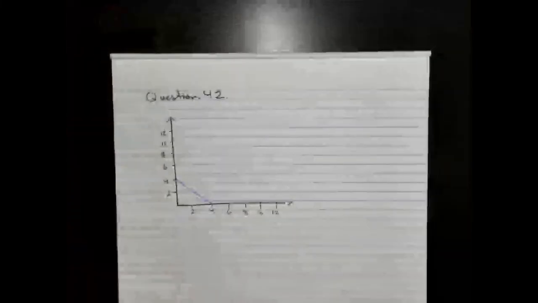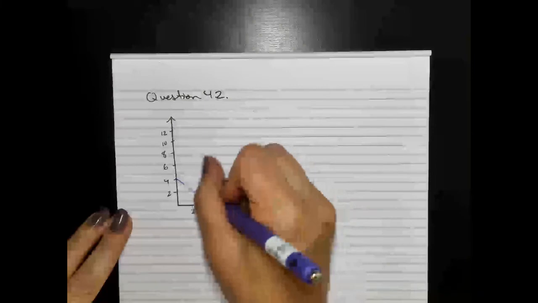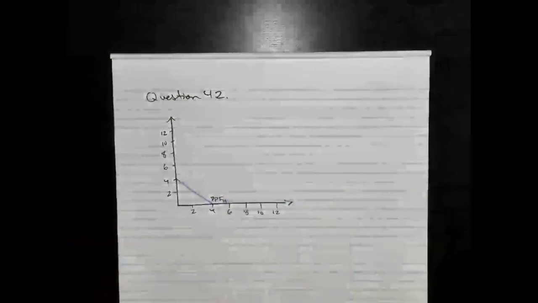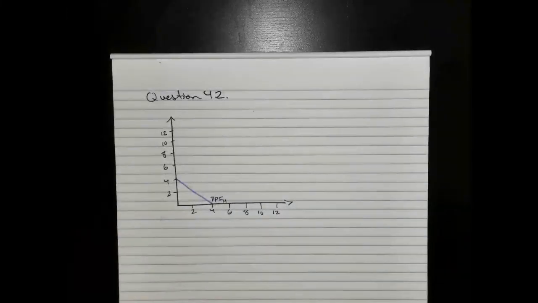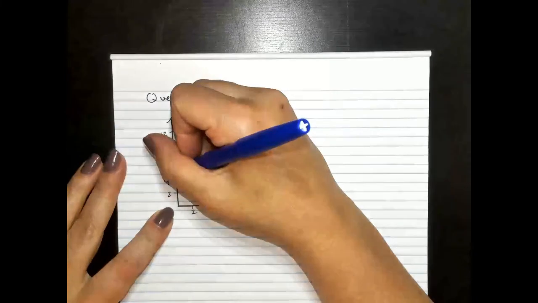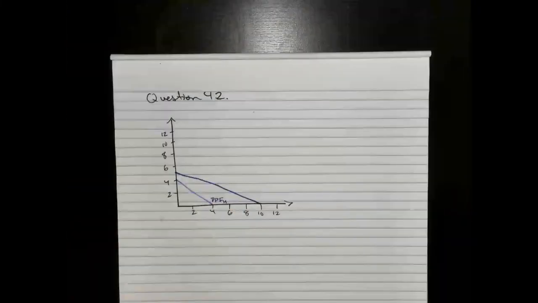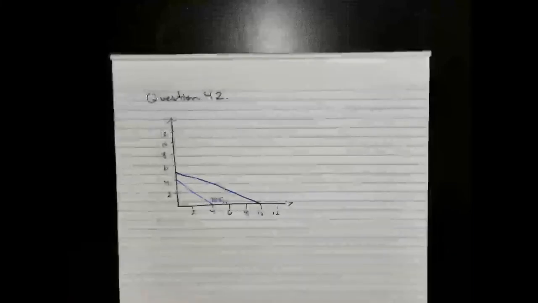I think I have a pen that'll help me do that. And then I have a PPF for the other individual, and that's going to go from 5 to 10.